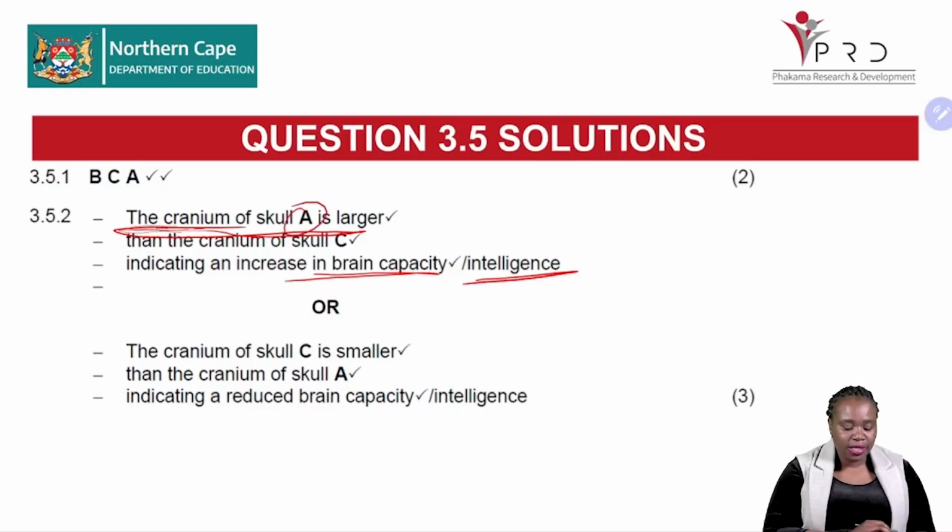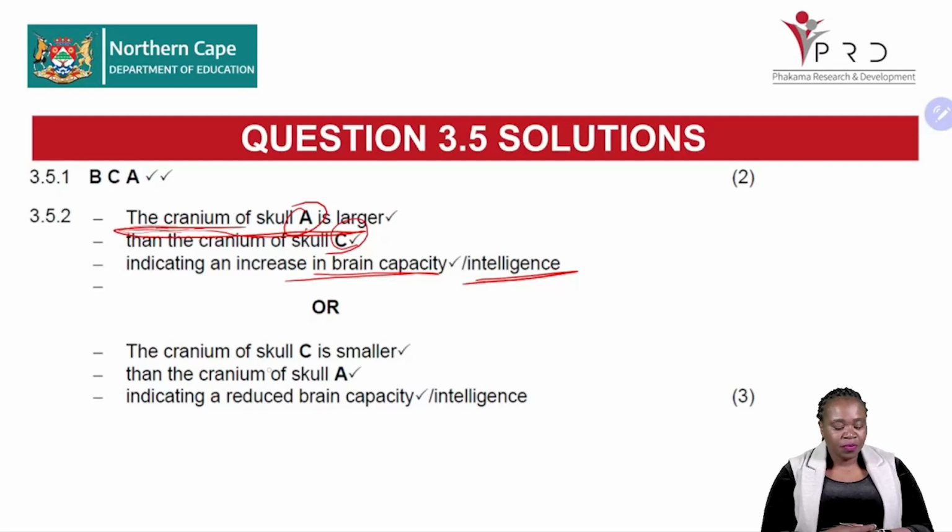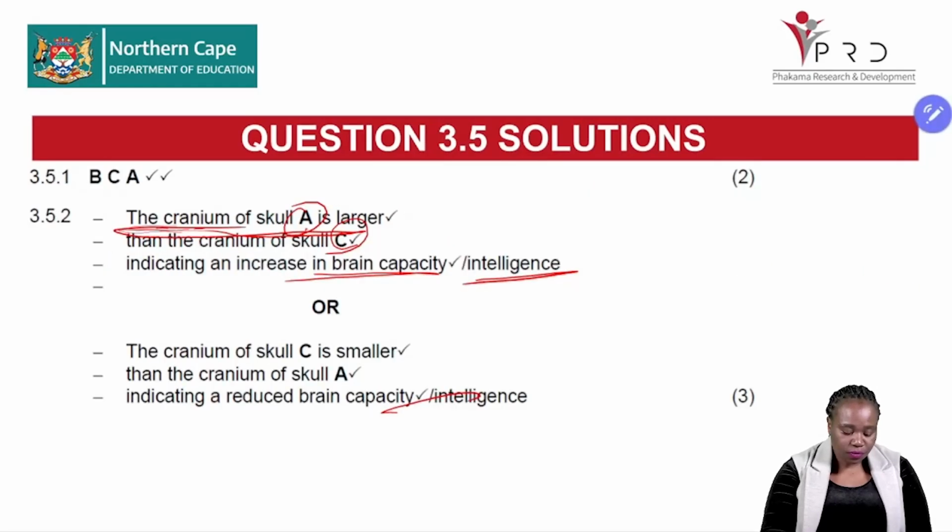The organisms of skull A were able to do things better than the organisms of skull C, basically, right? Or you can say that the cranium of C is smaller than the cranium of A, and that indicates that there is a reduced brain capacity or reduced intelligence, meaning that these ones do not have the same amount of intelligence as those at A.